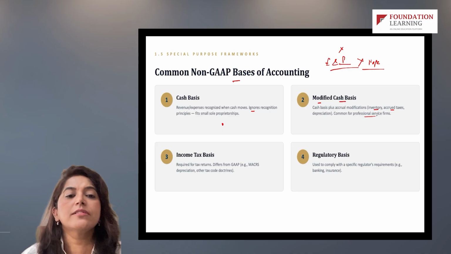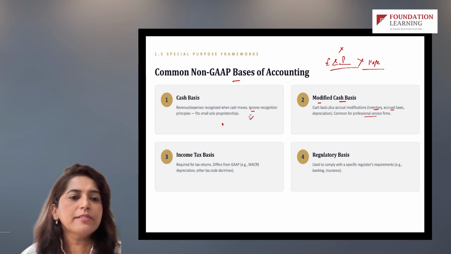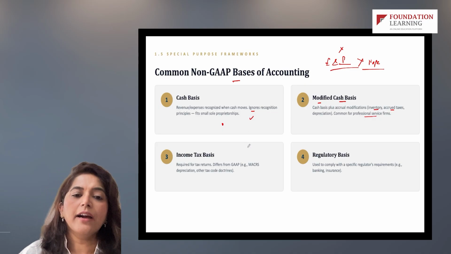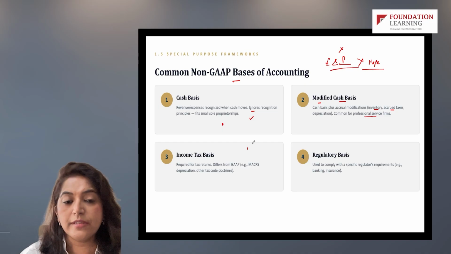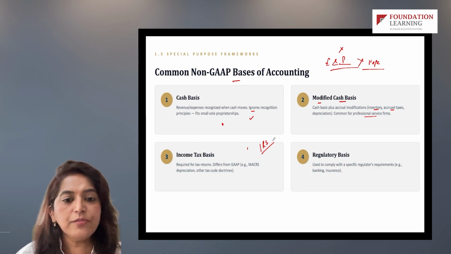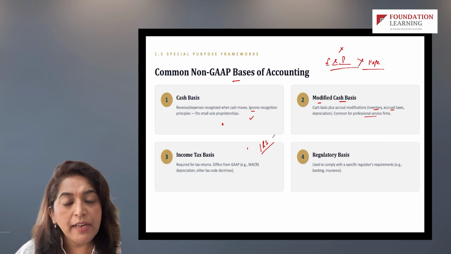Common for professional service firms, right? This one is common for sole proprietorships, right? Smaller organizations, they can record their books of accounts using cash basis. Third one is income tax basis. Now the Internal Revenue Service Department in the US, which is IRS, equivalent to income tax department in India, right?